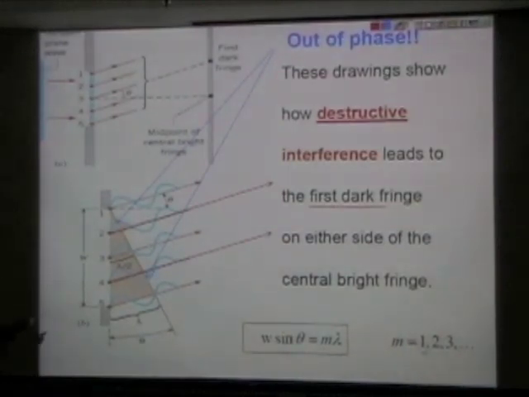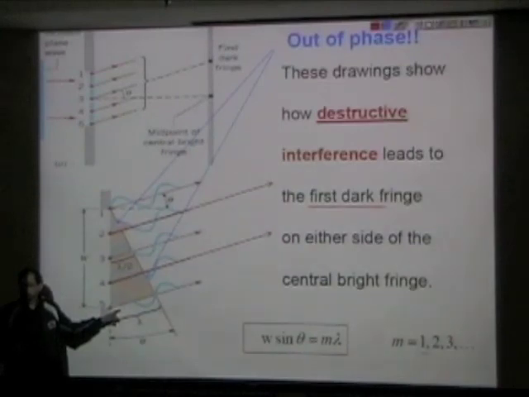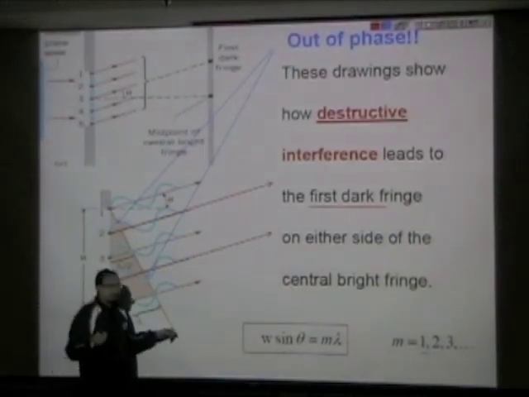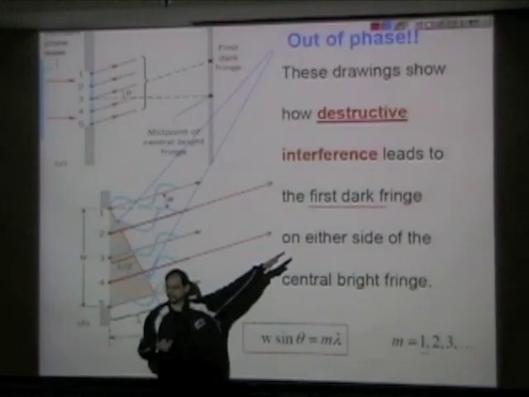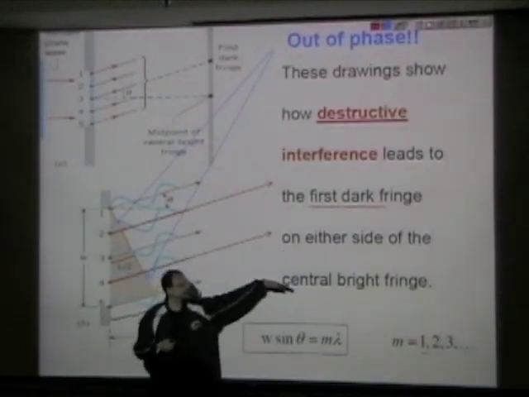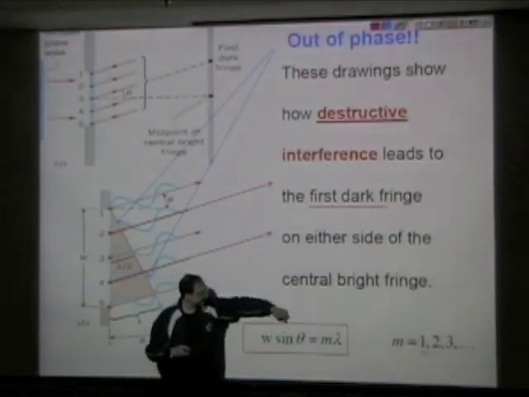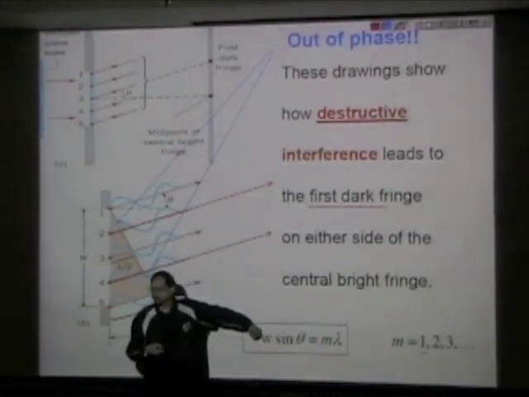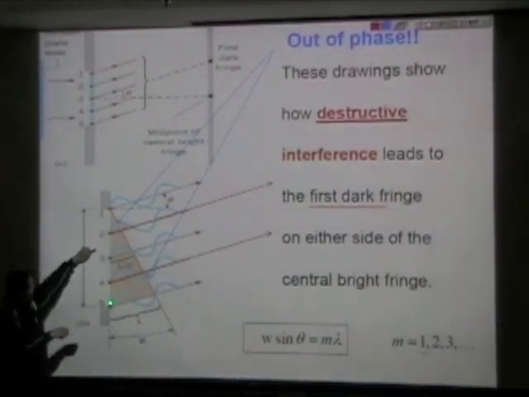This happens when we fit exactly one wavelength in this distance, or, of course, exactly 2 or 3 or 4. So as long as the angle between the central line and that direction satisfies this condition, where this is the width of the slit.